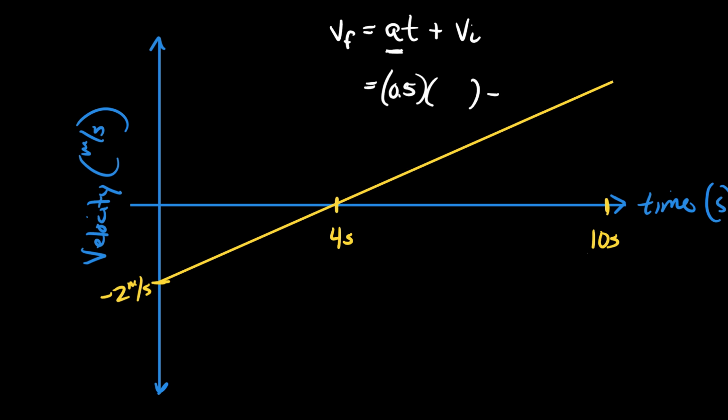What is the initial velocity of the object? What is the y-intercept? -2 meters per second. This function tells me the velocity for every moment in time. What time am I interested in knowing the velocity for? 10 seconds.